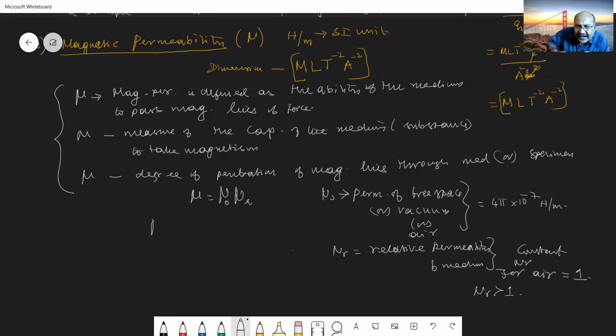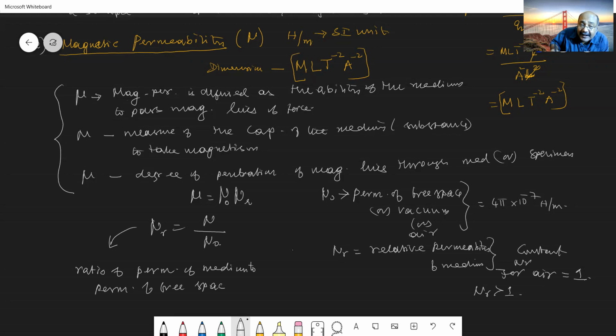From this equation, I can define mu r as the ratio of mu to mu 0. So mu r can also be defined as the ratio of the permeability of the medium to the permeability of free space or vacuum.